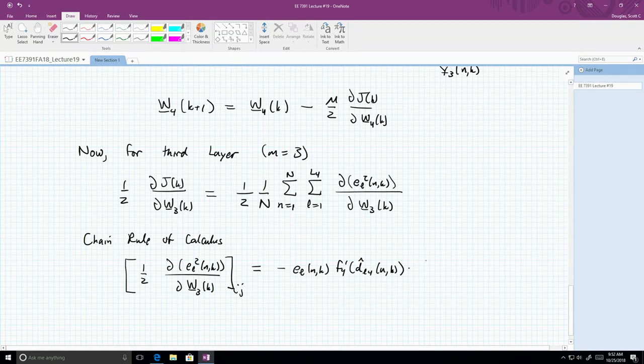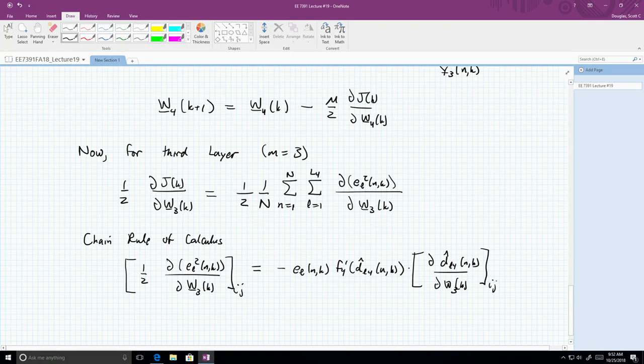And then I take the derivative, so if you will, this is the derivative of the Lth error. This is the derivative of the output associated with that Lth error at the fourth layer. And now I'm going to take the derivative of D hat of L4 NK with respect to W3 of K, I, J, right? So that's what I've done, if you will, used the chain rule and said we'll take the derivative with respect to the error. And that has a Y minus a Y hat.